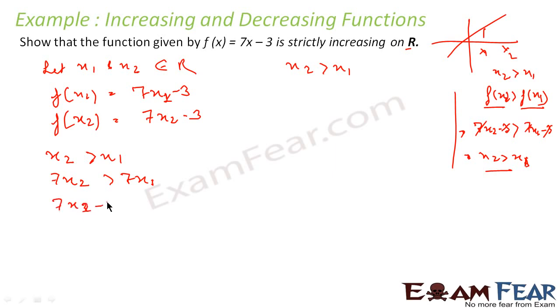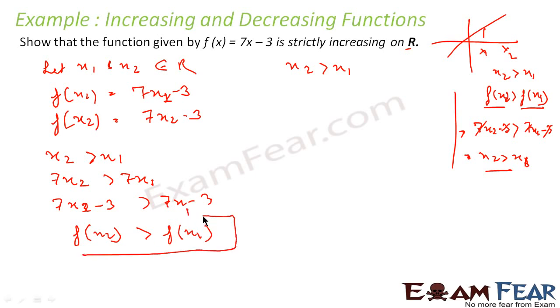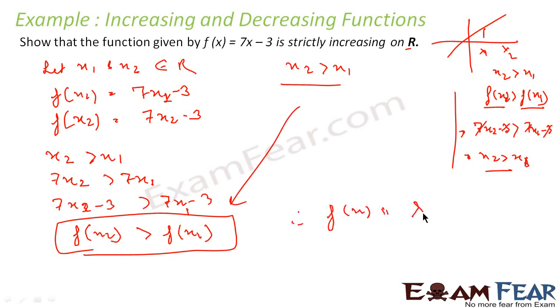Why am I doing this? Because this becomes f of x2 and this becomes f of x1. So this is what I had to prove, and I have proved this. Since this is true, it means that f(x) is strictly increasing.